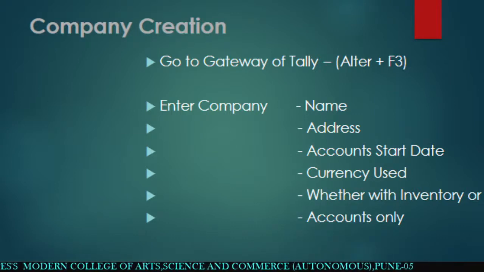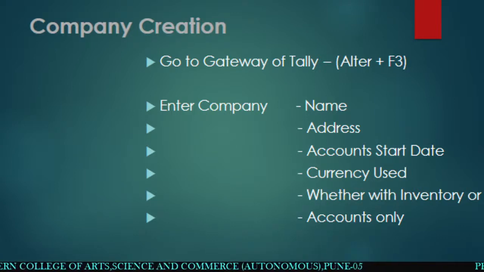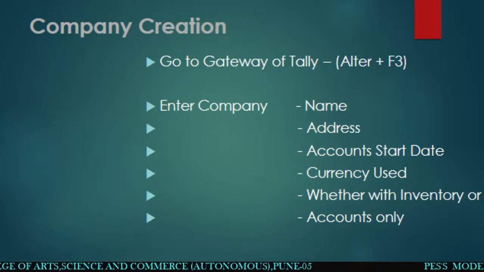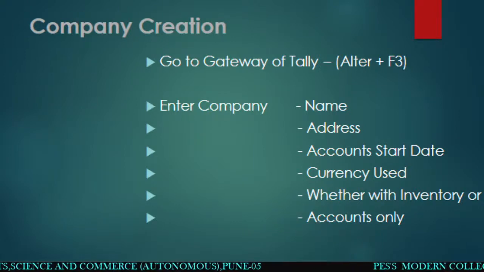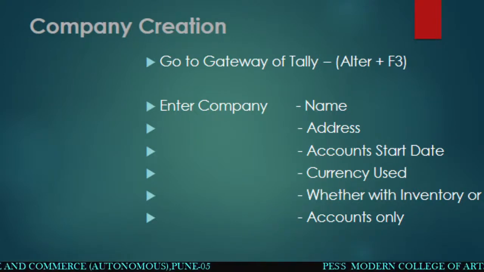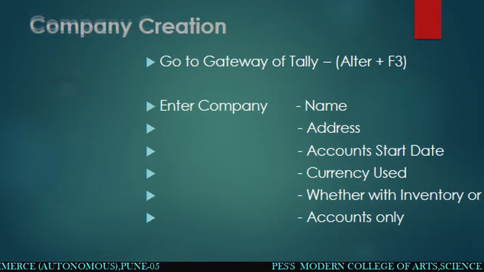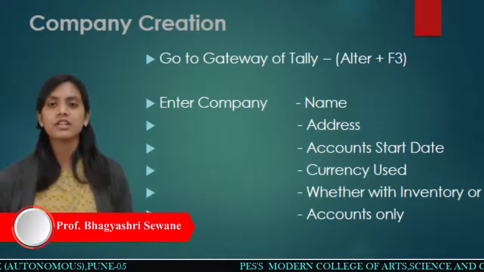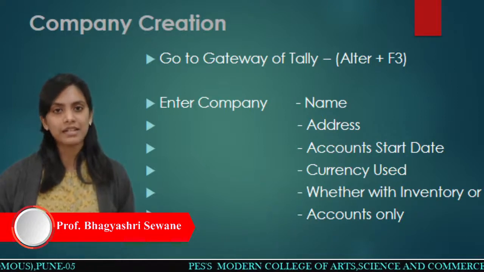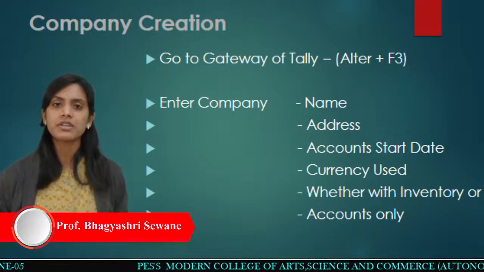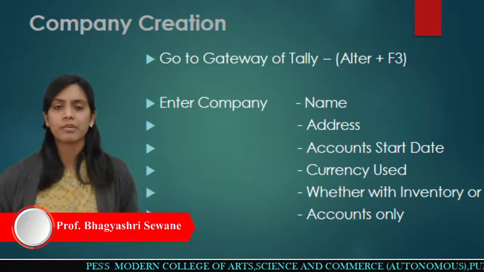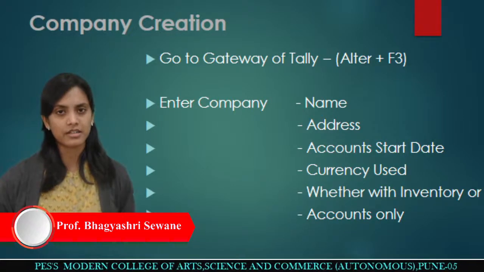And if it is not with inventory, then you have to select the option accounts only. Okay? So all these basic entries you have to do while creating a company. So in the next lecture, we will directly start the practical session on this company creation first, and then we will prepare ledgers, then we will prepare groups, and we will do the entries. Okay? Thank you.